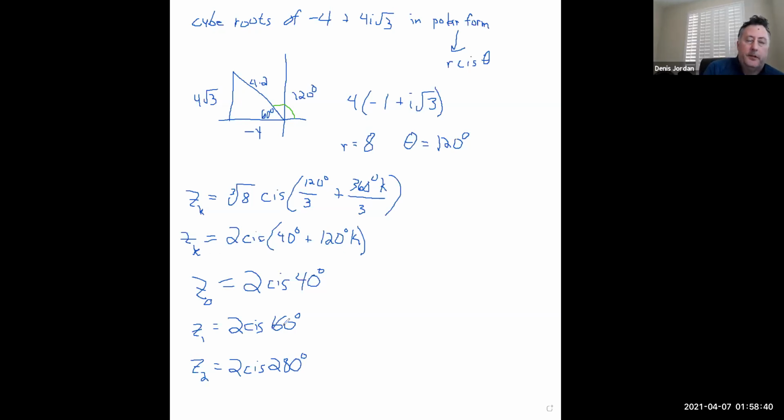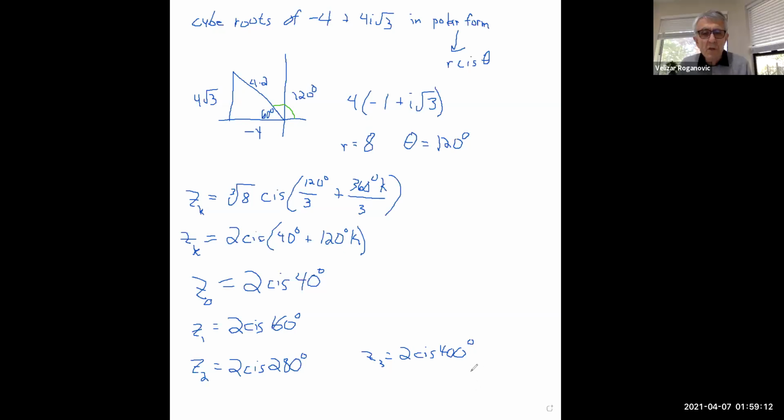Now, just in case, something you might forget, you get in this mode and just keep adding 120 over and over again. So Z3, you added 120 again, what's 280 plus 120? 400. Do you see something weird about that? That's another 40, right? Yeah, it's over 360.